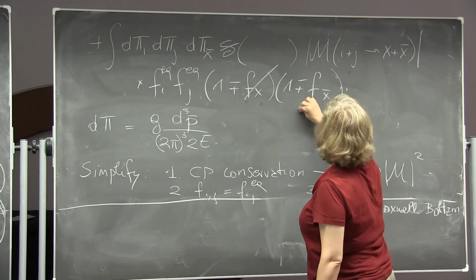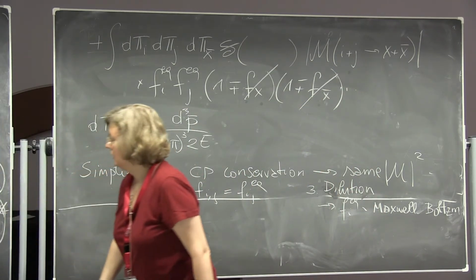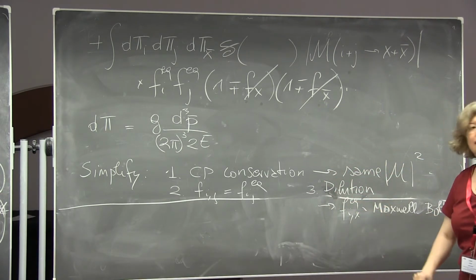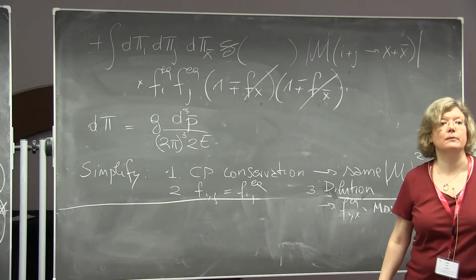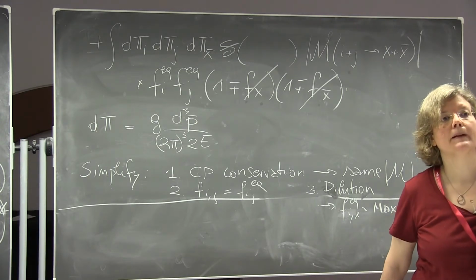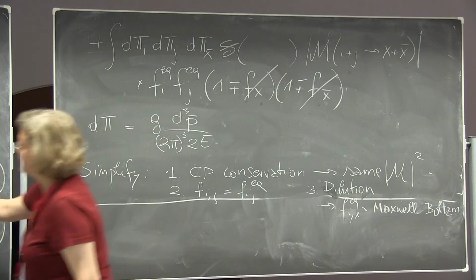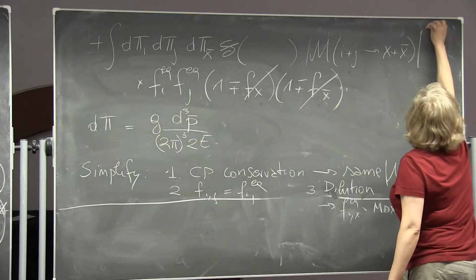So here I can drop it, and here I can drop it. Of course, I can assume the dilution not only of fi, but also of fx and all f's. So I assume for all f's that I can approximate with the Boltzmann distribution. Yes? The collision term, those should be modulus squared. Yes, so the matrix element, of course, is a modulus squared. Yes, sorry.